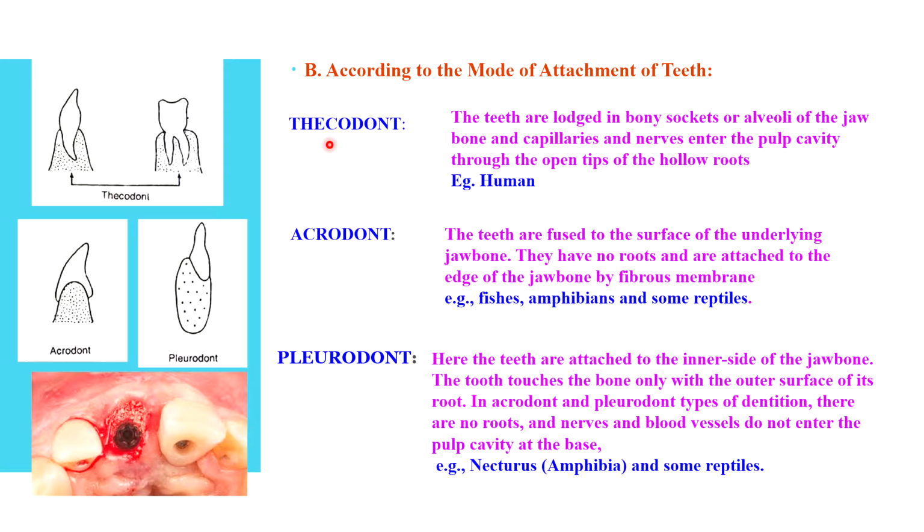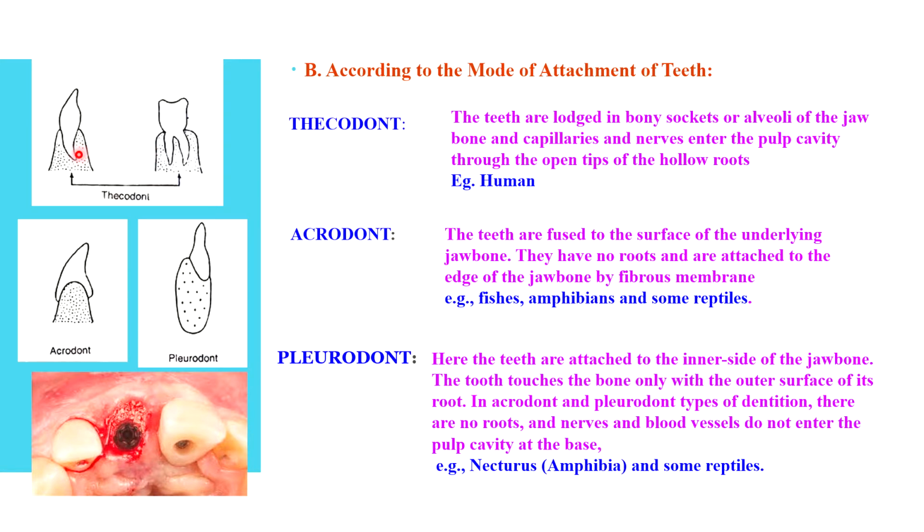Here the teeth are lodged in bony sockets. This is the bony socket, and the teeth are lodged inside this socket, and the jawbone and the capillaries and nerves enter the pulp cavity.